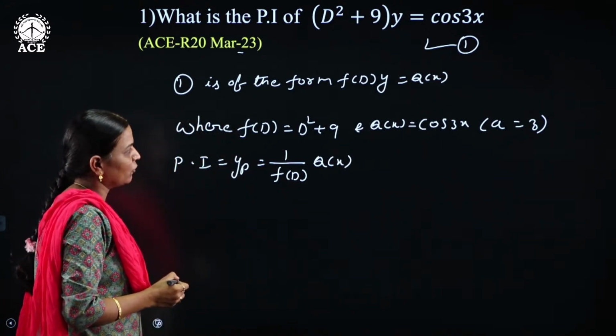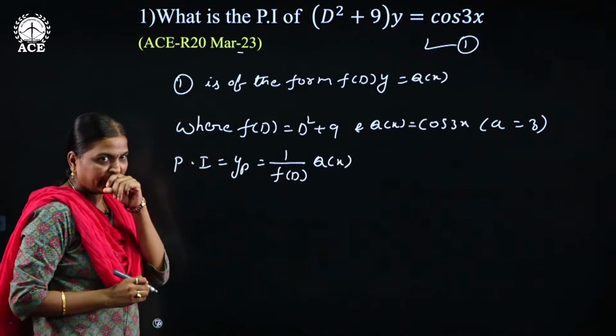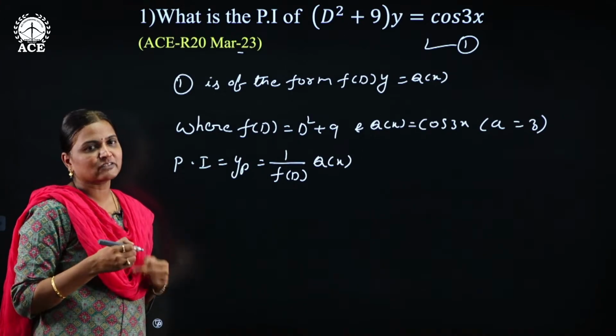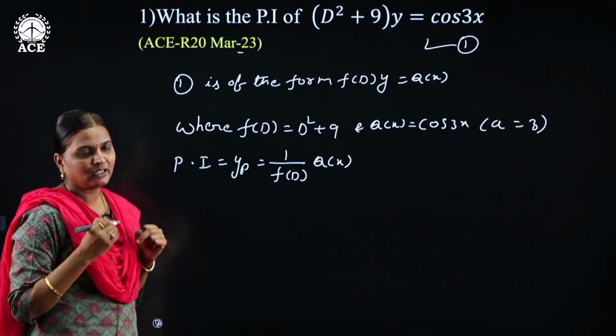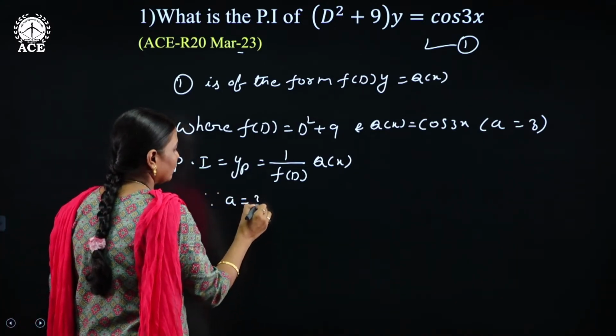Now here consider only d square terms. Before writing the particular integral formula, first check that after replacing d square by minus a square, that functional value is equal to 0 or not equal to 0. Here, what is the a value? a is equal to 3.